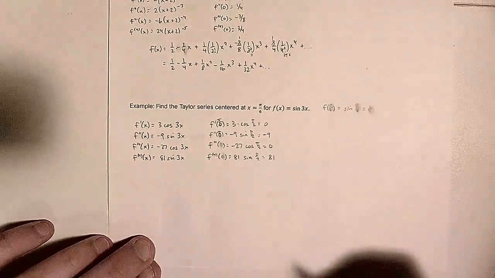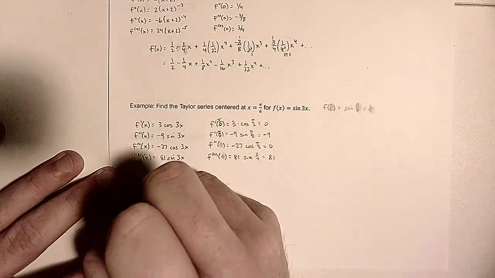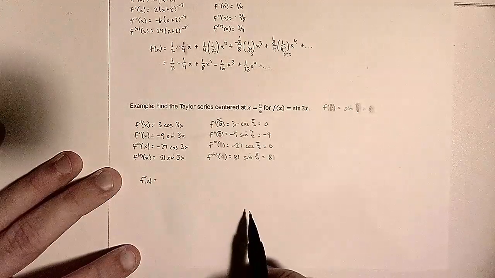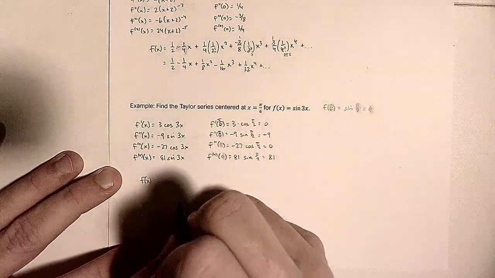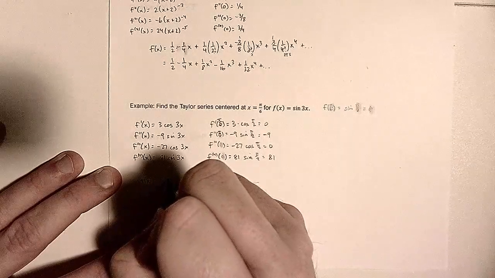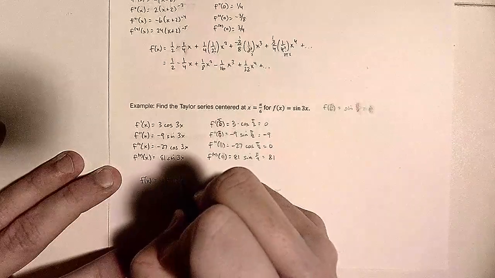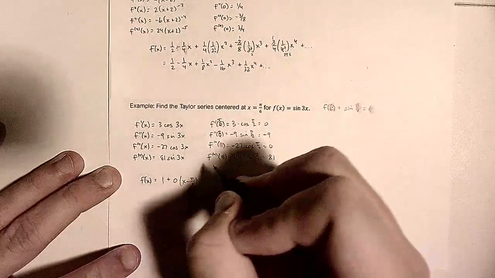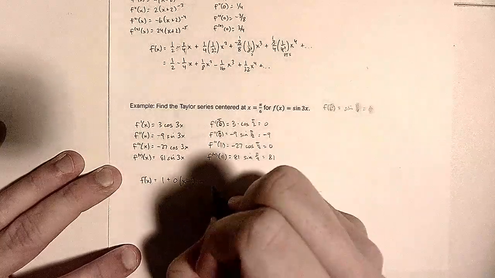All right. Now, let's put it into our Taylor series structure. F of x is equal to, what do we say the first term? It's 1. It's this f of pi over 6. So that's 1 plus, well, we have a 0 times x minus pi over 6. F double prime is negative 9.